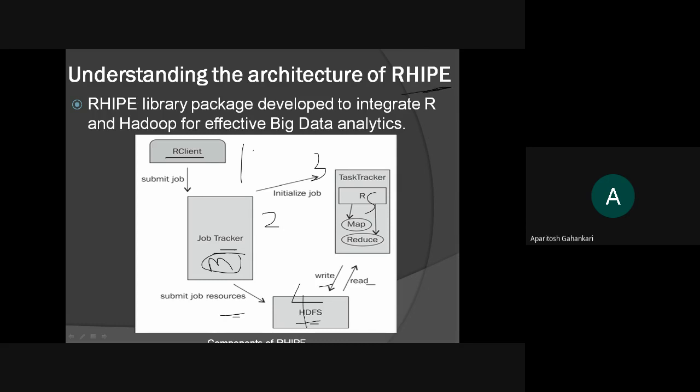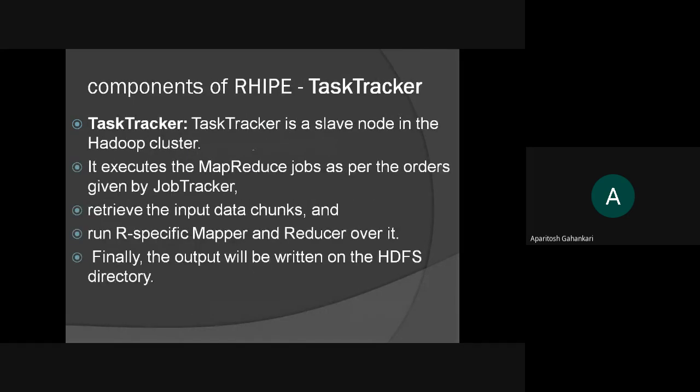The third component is your task tracker. Task tracker is nothing but a slave node. Task tracker is a slave node in the Hadoop cluster, and it actually executes the mapping and reduction job as per the orders given by the job tracker. Okay, so all the tasks ordered by the job tracker will be executed by the task tracker.